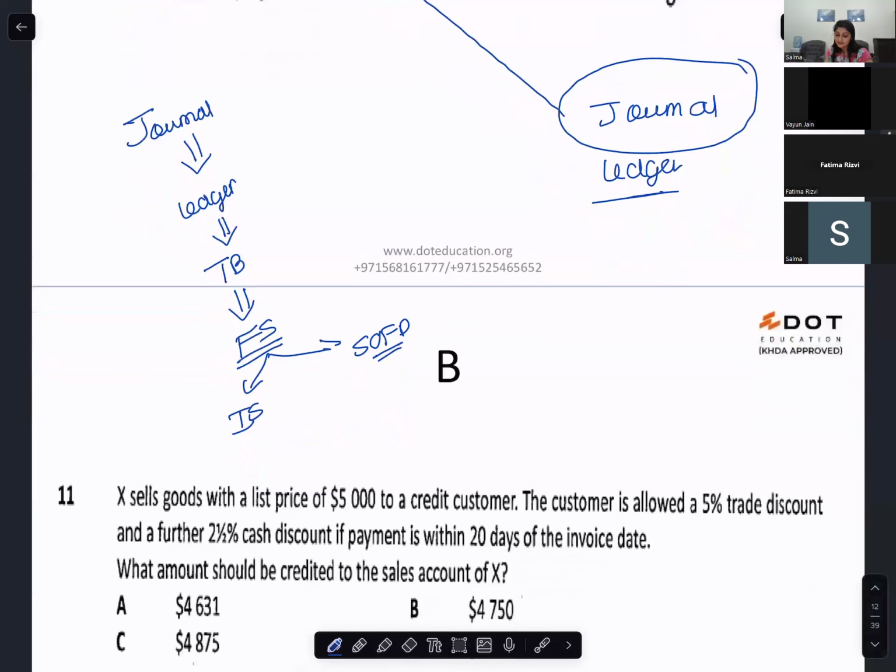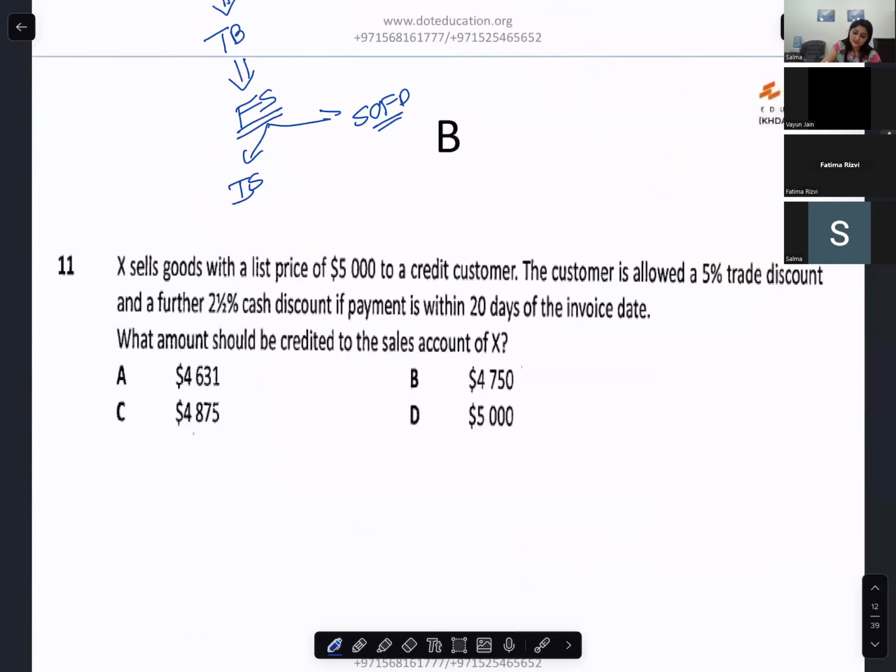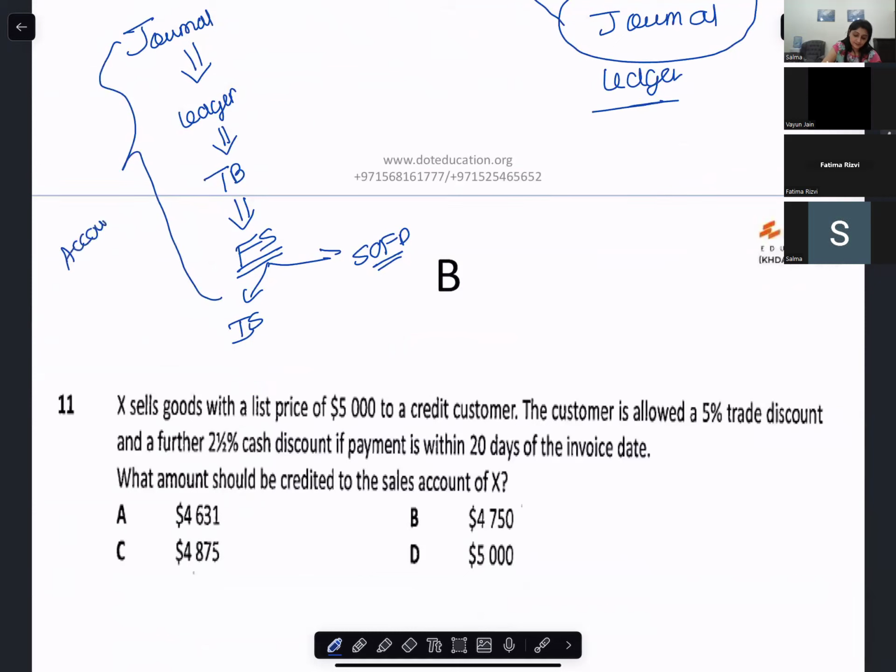What is this called? The accounting process.